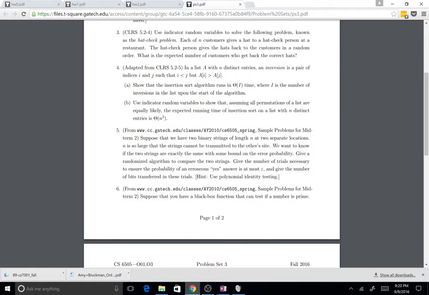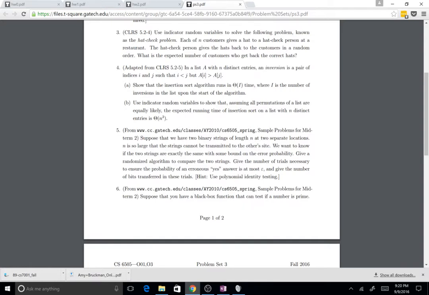There are different ways you can do this. Typically, if you see something in an assignment or on the test that says hint, try it this way, I would strongly suggest trying it that way. Usually the hint is specifically chosen because it makes your reasoning follow a line that you've been shown how to do.